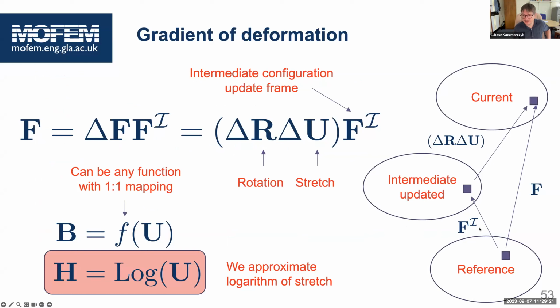We have this intermediate configuration, and when we move from the intermediate configuration we have the current configuration, and this current configuration is in equilibrium. So moving from here to there is a composition: going from the reference to the intermediate, and from the intermediate to the current. Okay.